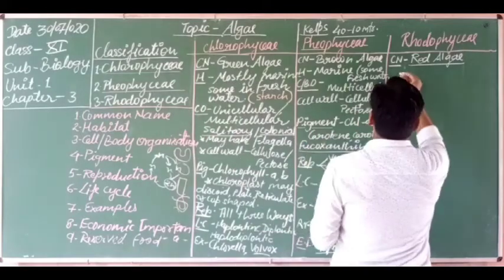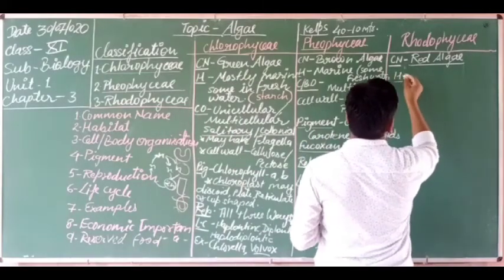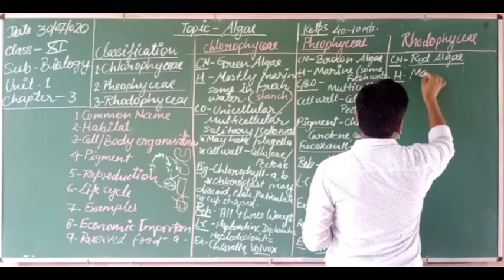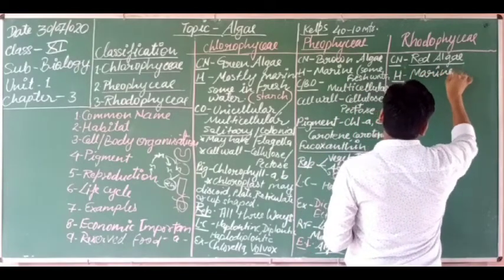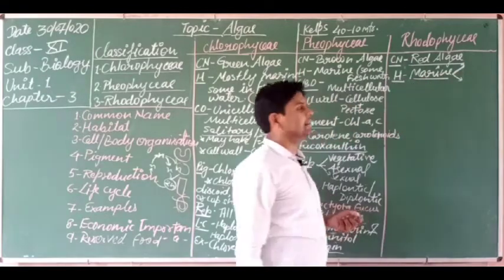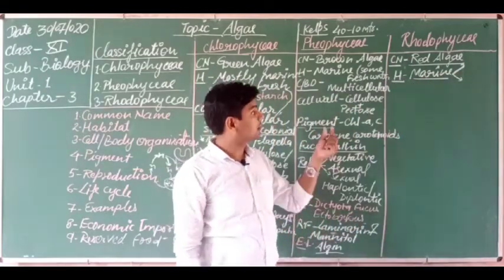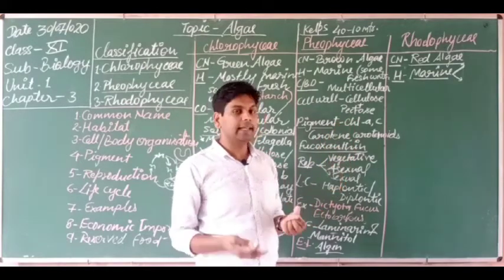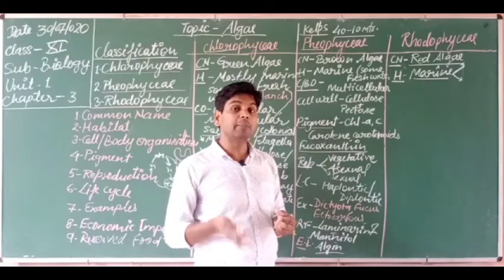So what is the habitat of these algae? The habitat is marine. Dear students, in marine habitat or in the sea, they are found both in the upper surfaces and in deeper layers.